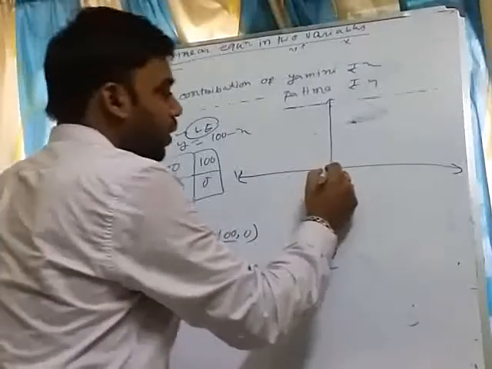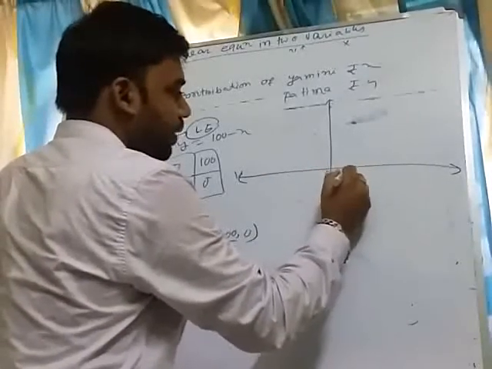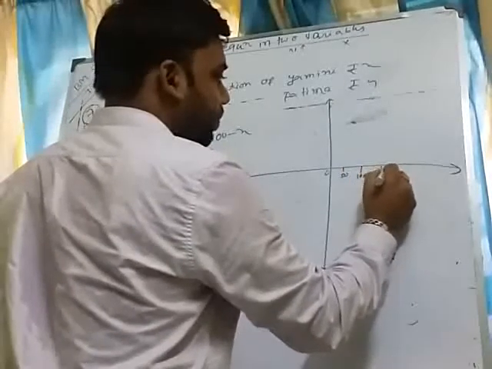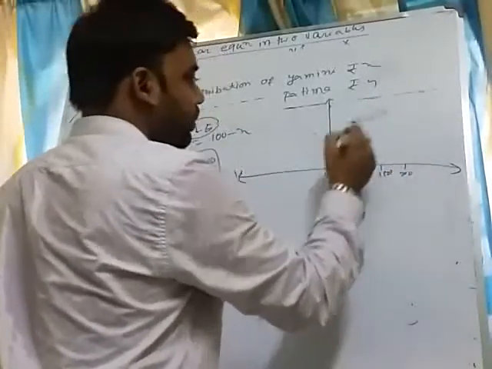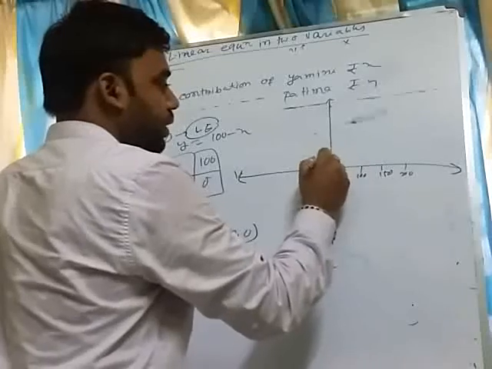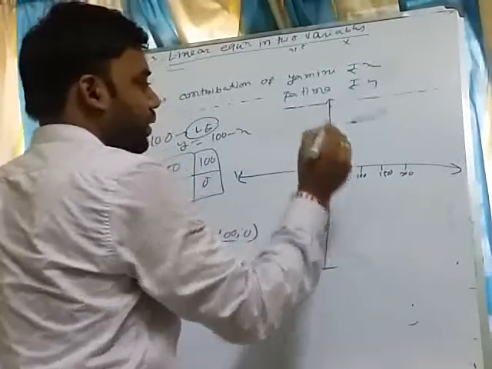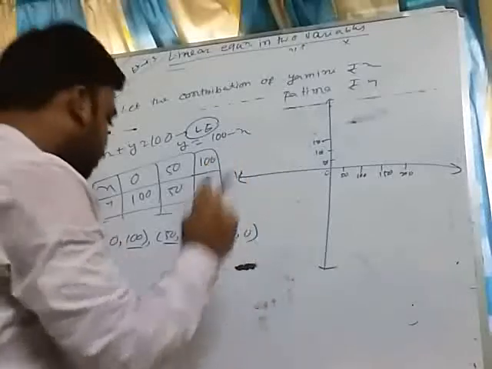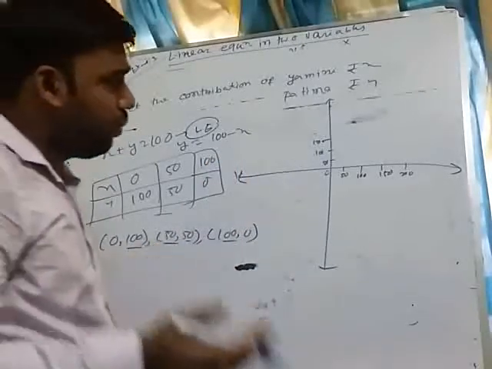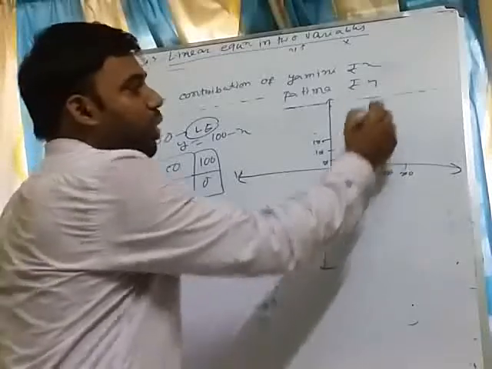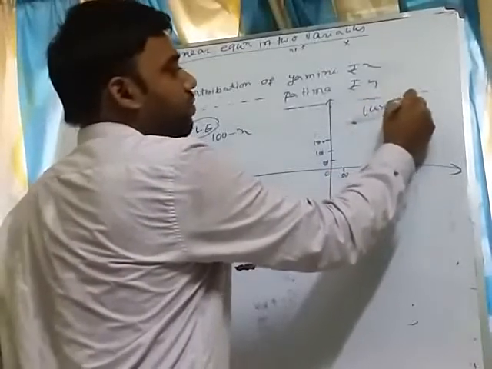So you should take 50, 100, 150, 200, and similarly on the y-axis, 50, 100, 150. Okay. You can choose another way, that is 10, 20. You can take it. I am taking 50, so 1 unit equals 50.